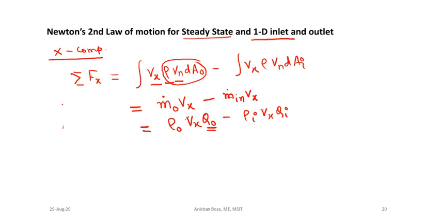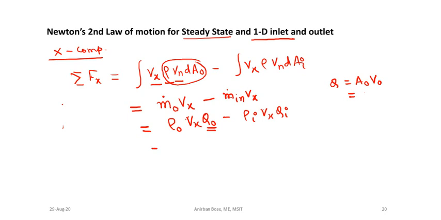Okay, where Q is the volume flow rate. This Q is nothing but AO into VO, and that is same as AI into VI if it is incompressible. So depending upon the situation, you can use those results and you can solve the problem.